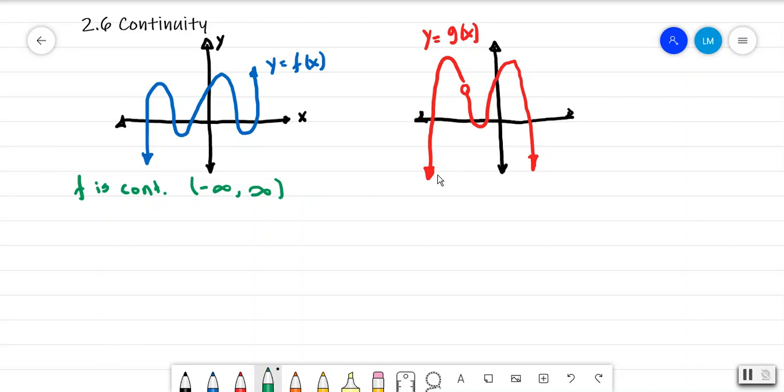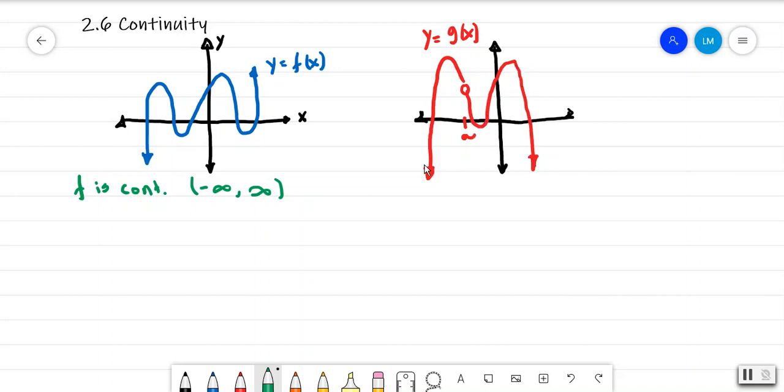Now notice that over here we have a different graph, g of x, and let's notate that point over here as a. Now if I follow along here, the graph is smooth, but right here there's a hole, meaning that it's undefined. So I have to jump from here to here, because I skipped the hole, and then I keep following.